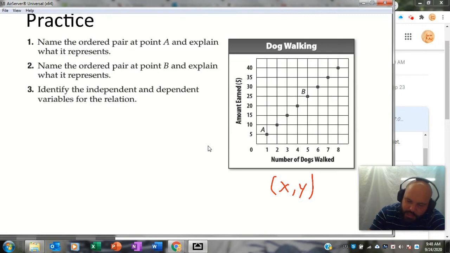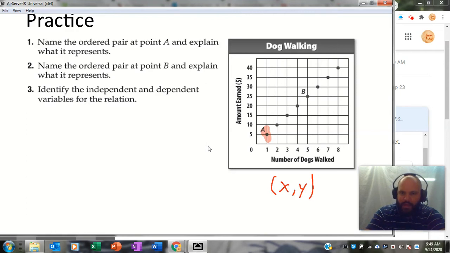So you can see right here, there is point A. You have to be very careful when you count this out, because if you try to just count it you would say, well, I just went to the right one and I went up one, so it's 1, 1. That's not the case in this one because the labels on the x and y axis are different numbers.